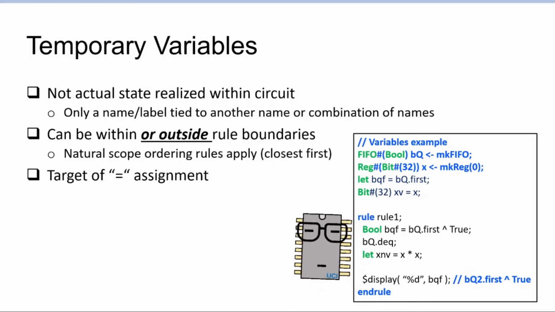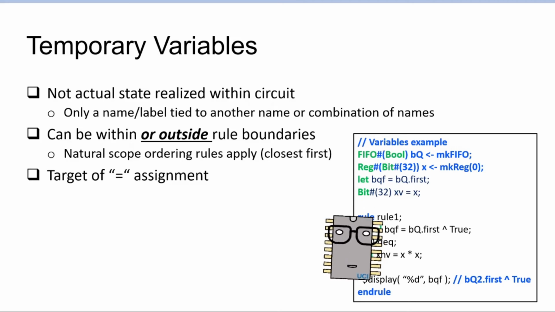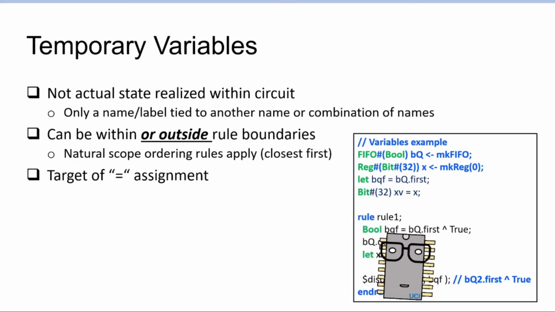So for example, if BFQ had been a register and we had used double arrow notation to assign a value to BFQ, we're going to mention this a couple of slides down, but this display statement is telling the BlueSim simulator, when you want to simulate the circuit, to print this line onto the screen. This is pretty much like a printf.